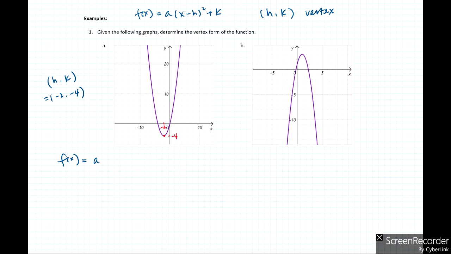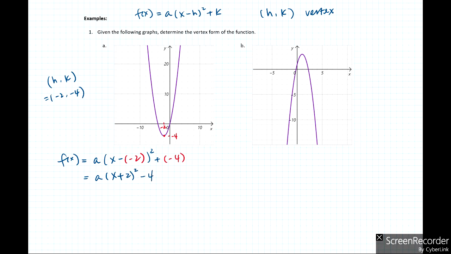I don't know a yet, so I'm going to leave it as a, and I can have x minus h, which is -2, squared, and plus -4. Simplifying the minus signs, f of x should be equal to a times (x plus 2) squared minus 4.